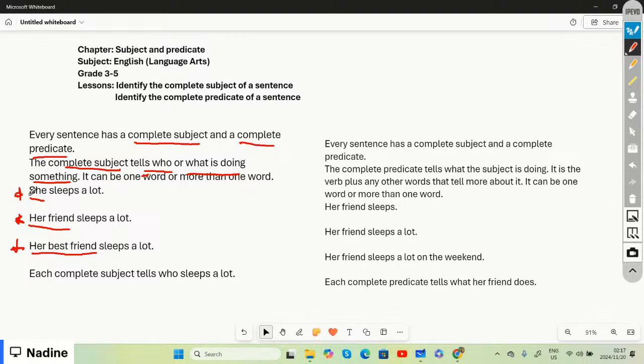In the first sentence, who sleeps a lot? She. In the second, her friend. And in the last sentence, her best friend.